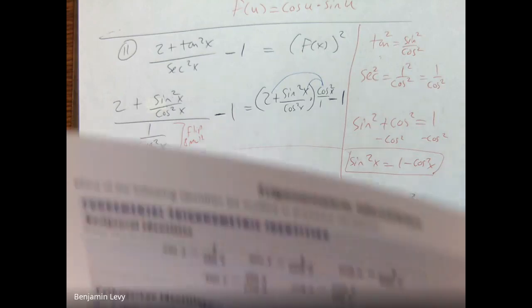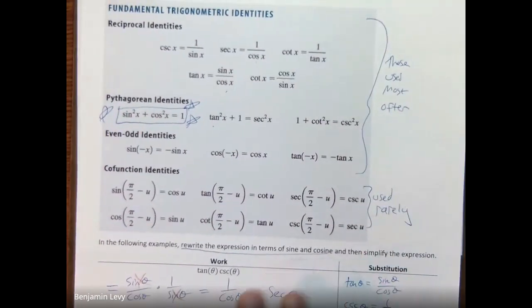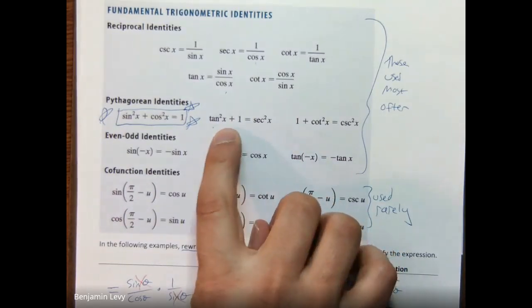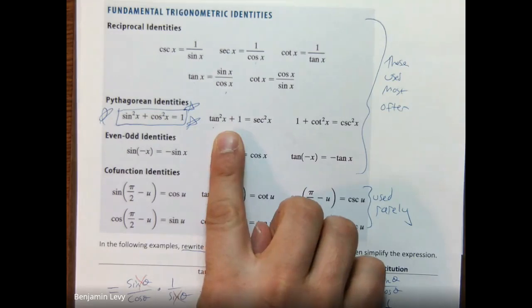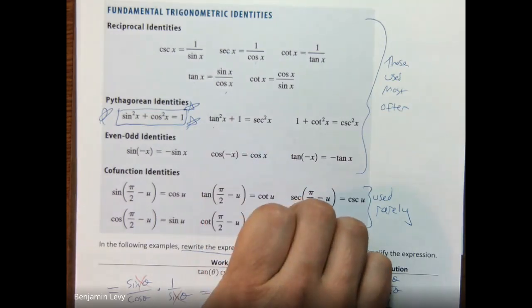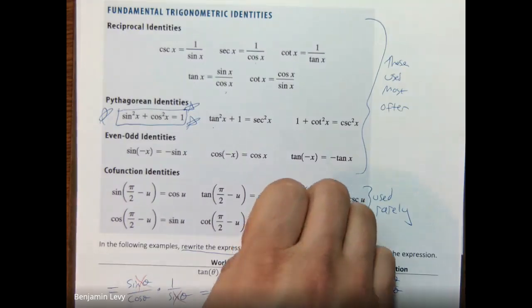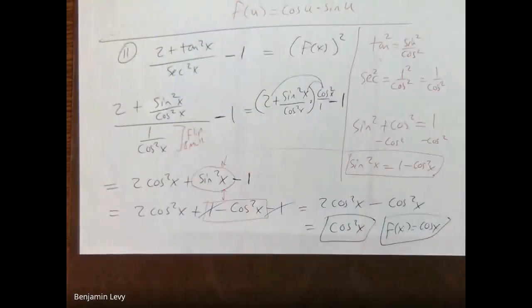You probably used something in here, would be my guess. Maybe you replaced secant with tangent plus 1 or something like that. I'm not exactly sure. You got to the correct answer, though, and there's lots of different ways to approach these problems, is the takeaway there.